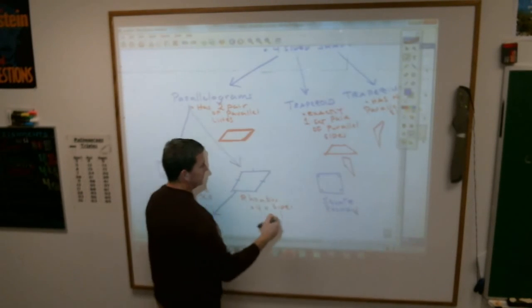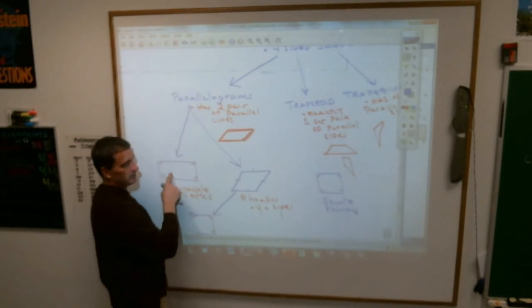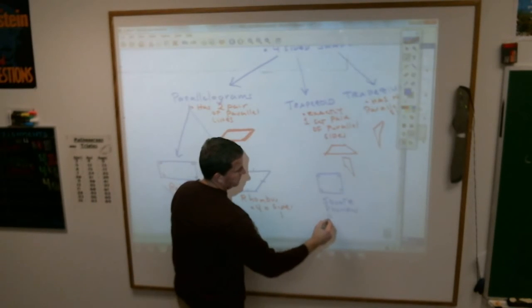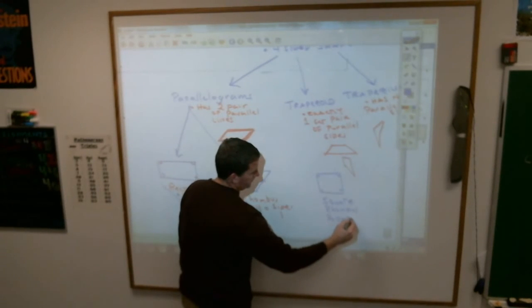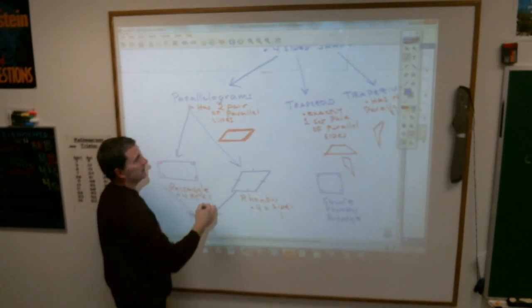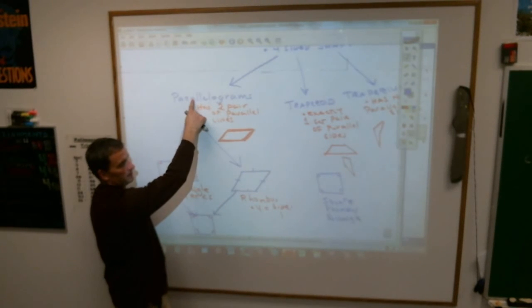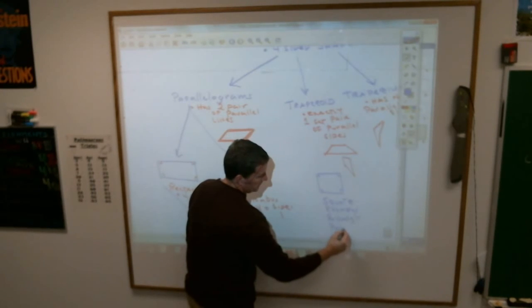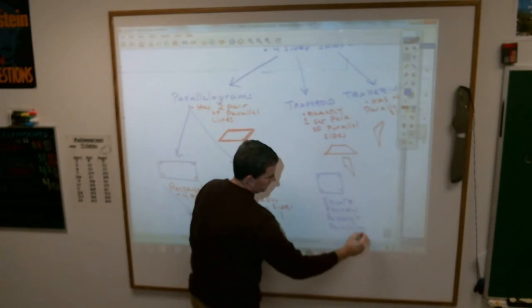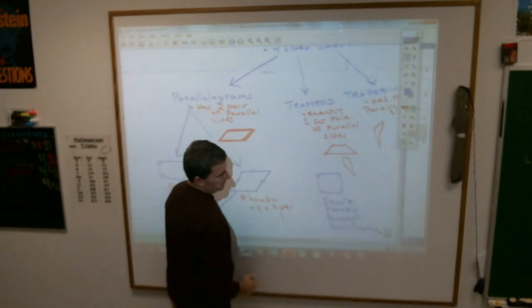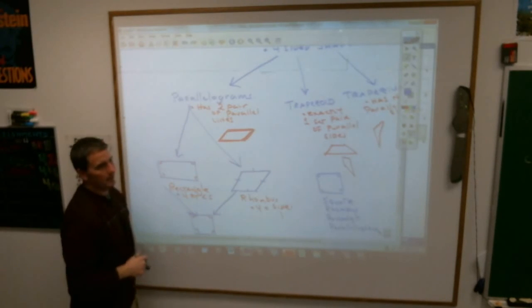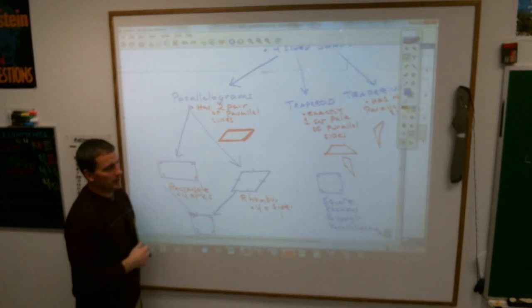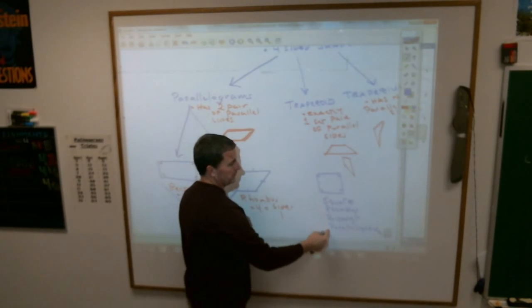Not only is it a rhombus, but it also has 4 right angles, so it is also a rectangle. Not only is it a rectangle, it is a parallelogram because it has 2 sets of parallel sides. So if they give you that and say, give every name that you can for that, you would have to list all 4 of those.